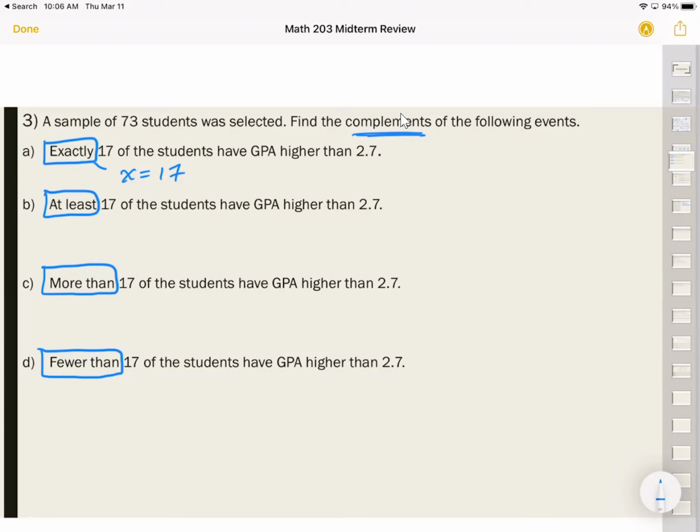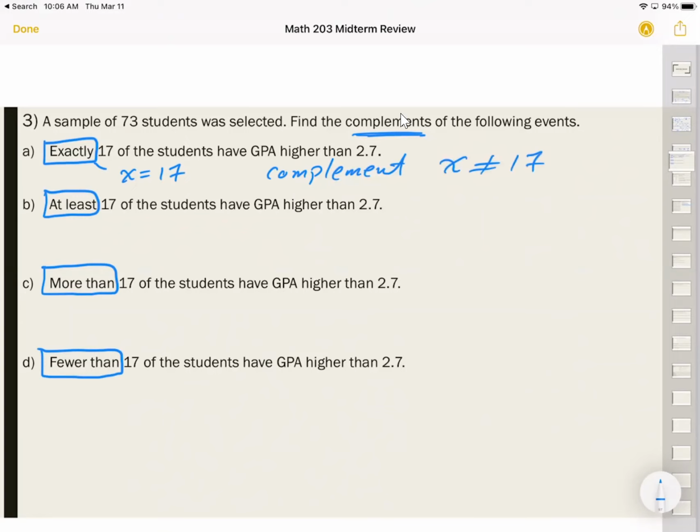Everybody see the word exactly, meaning there's no other number I can pick except 17. So the complement of this item is, as long as x is not equal to 17, then it's the opposite of that.